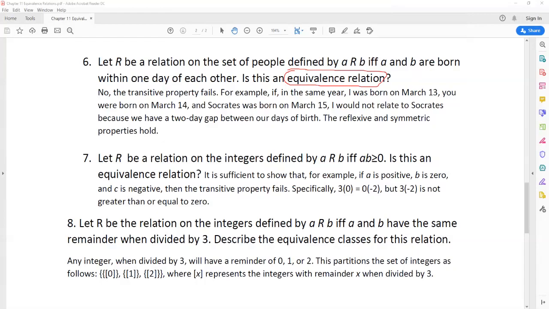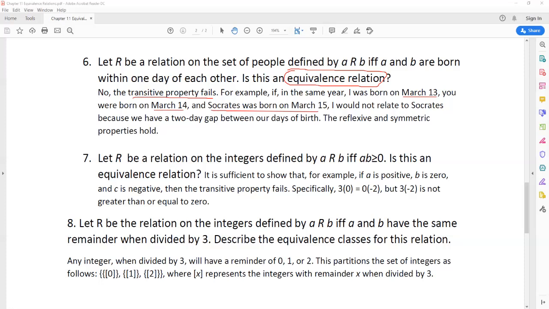Well, the transitive property would fail, for example, if in the same year, let's say that I was born on March the 13th, and you were born on March the 14th, and let's say Socrates was born on March the 15th in the same year.